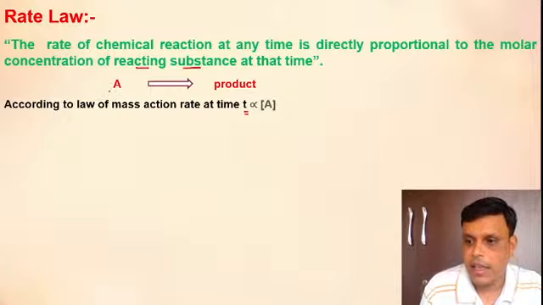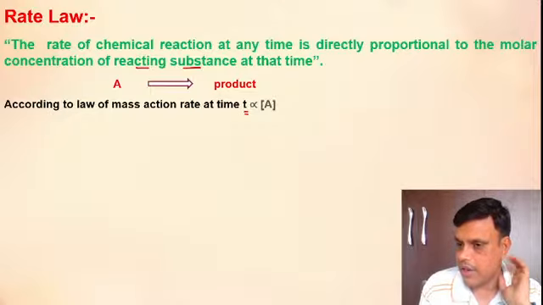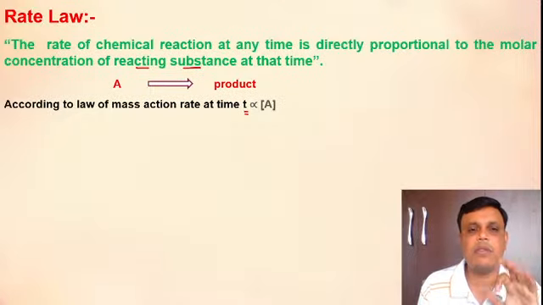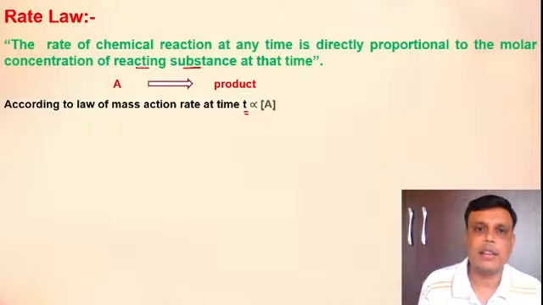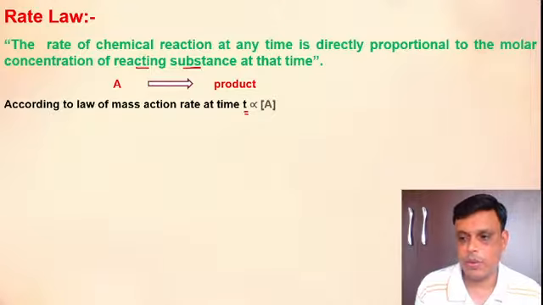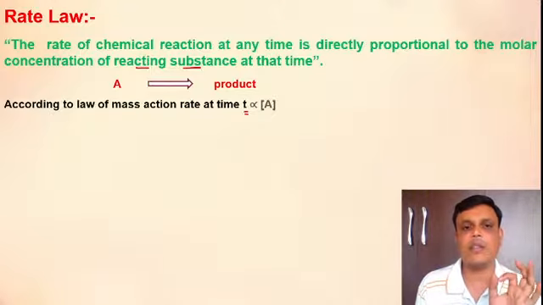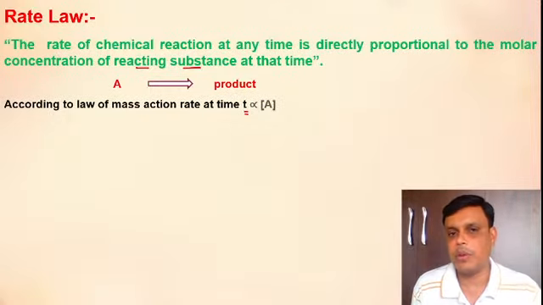Is it proportional to the bimolecular substrate also? That we will see. In bimolecular substrates there are different factors also, so we will see only the general reaction, A goes to B. Maybe we will see that in TYBSc. For now it is only a simple chemical reaction, where reactants react and give you a product.